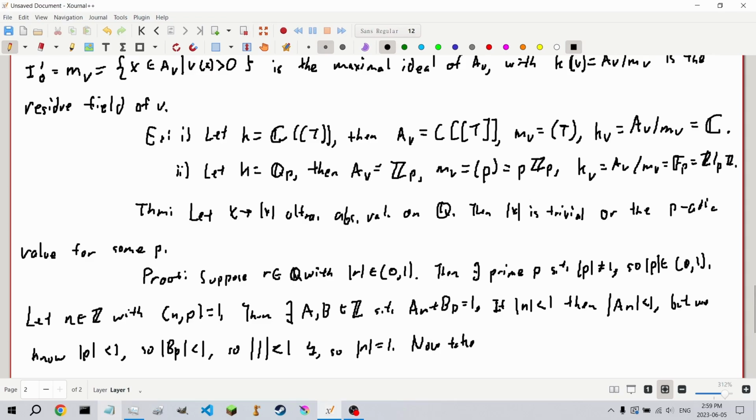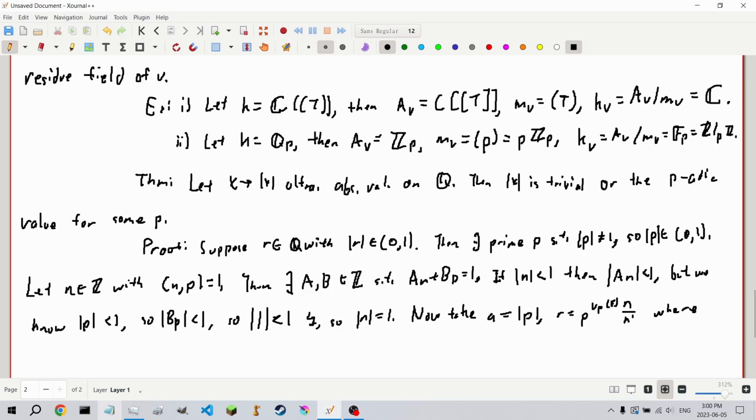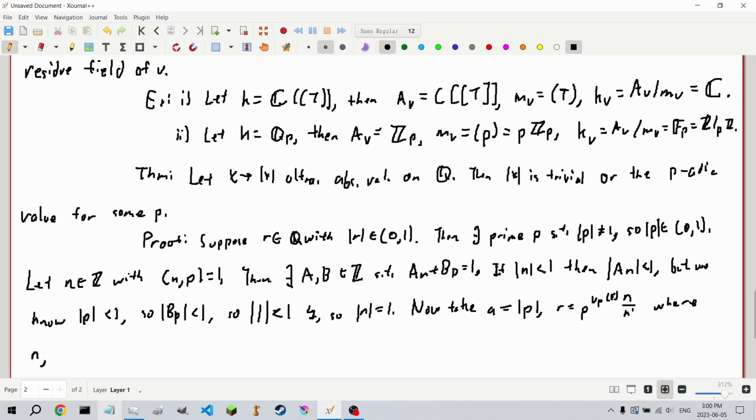Now we're going to take a to be the absolute value of p, and r to be p to the p-valuation of r times n over n prime, where n and n prime in the integers are coprime to p.